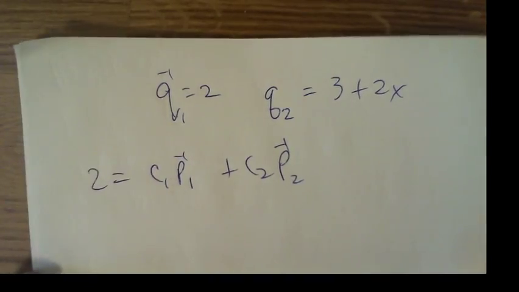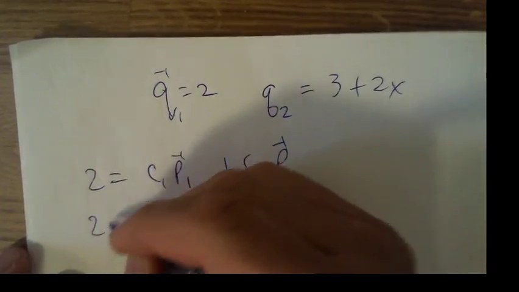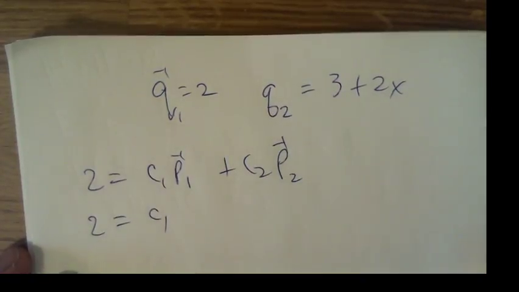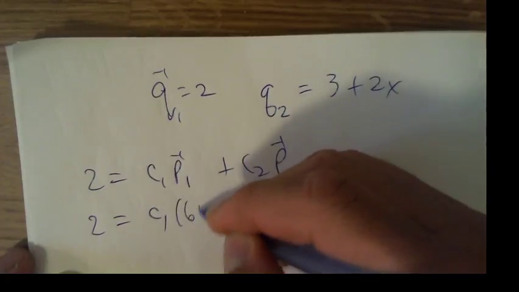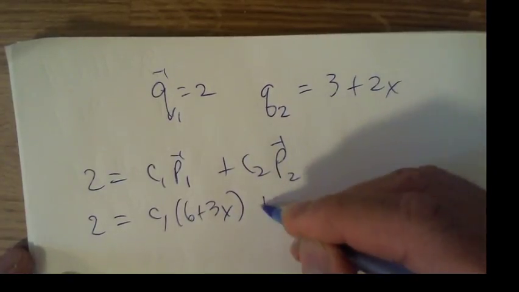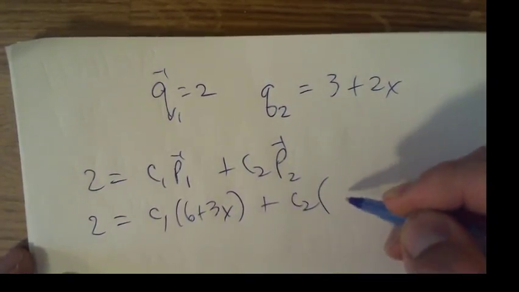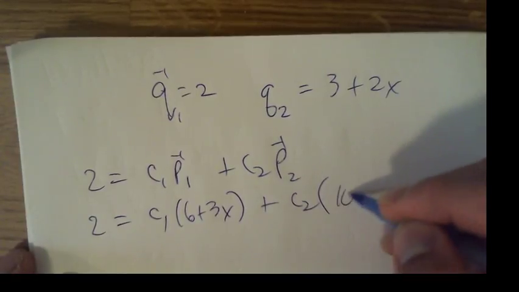Okay, so then from here, we have C1 P1 is 6 plus 3x, and then C2 P2 is 10 plus 2x.